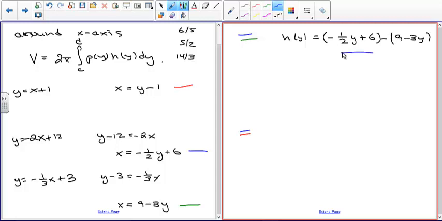So this is the blue, and that's the green. And for the second case, h of y equals, again, still blue, -1/2 y plus 6 minus the red, which is y minus 1. So that's red.